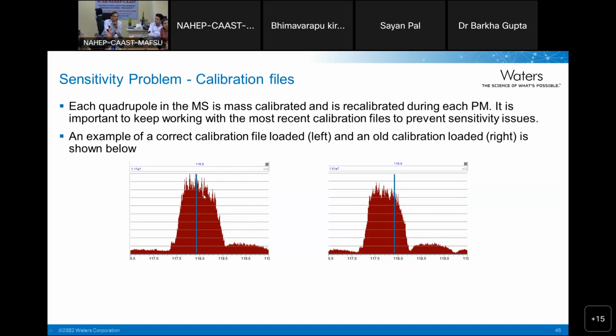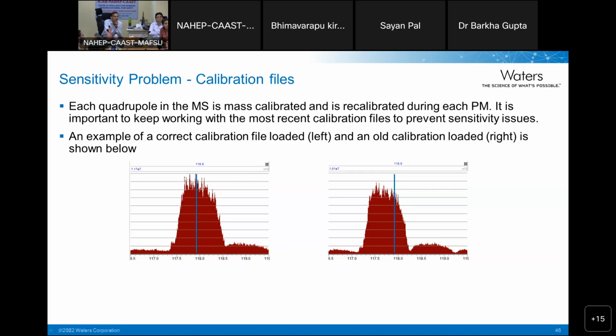This is a correct calibration file applied, wherein you have the center mass at the apex. If the calibration file goes wrong, some previous calibration file has been applied, so your center mass and the mass rate you are using for your method are different. So there is some shift in your masses, and that is not the optimum sensitivity that you need.